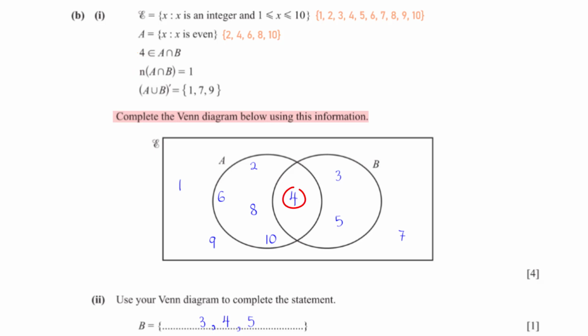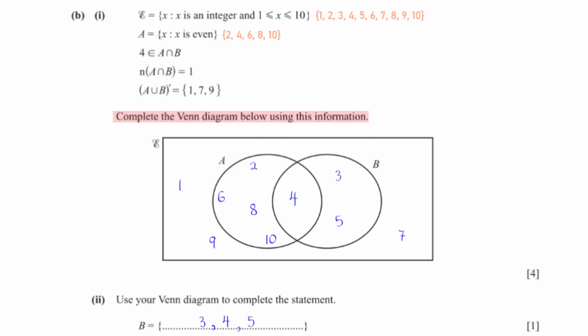This means 4 is the only element in the region A intersection B. We've also been told that the elements outside A union B are 1, 7, and 9. So we put these elements outside sets A and B.